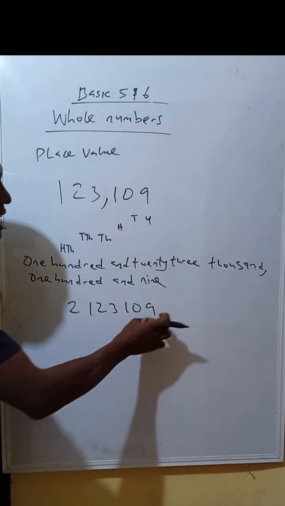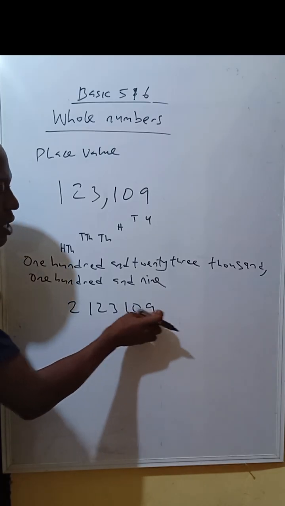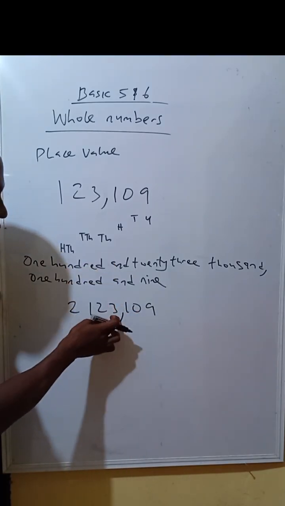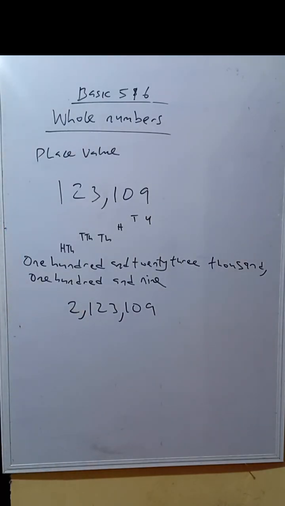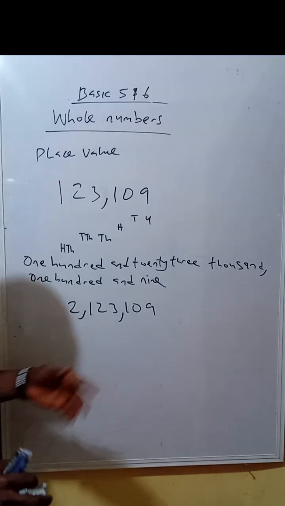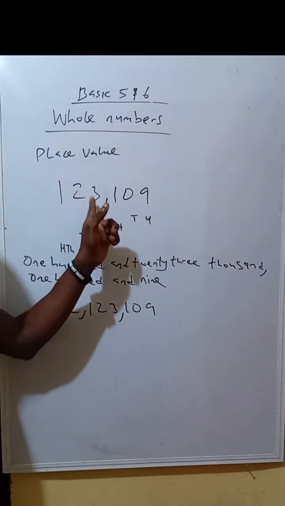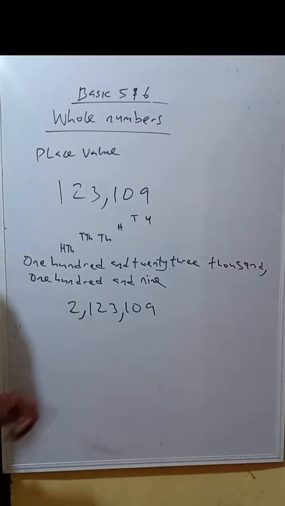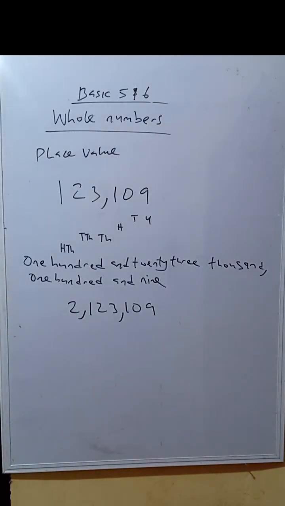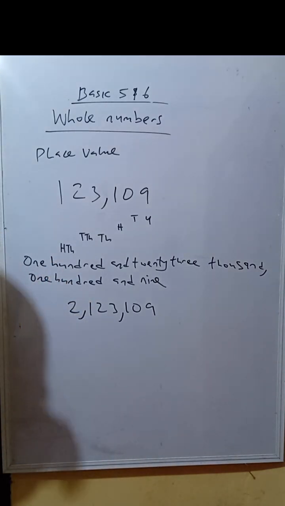Remember, you can start from your right and demarcate it with a comma: 1, 2, 3, comma, 1, 2, 3, comma. You see that this is different from this. It cannot be the same, because this has how many digits? 1, 2, 3, 4, 5, 6. This has 7 digits. So millions would have 7 digits.